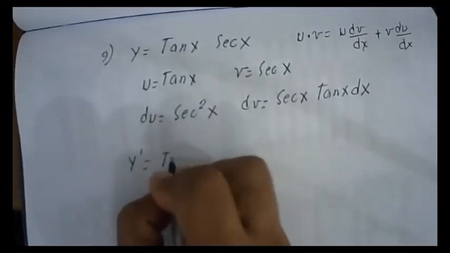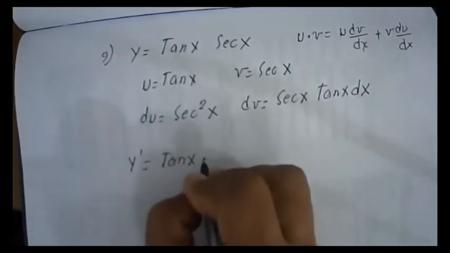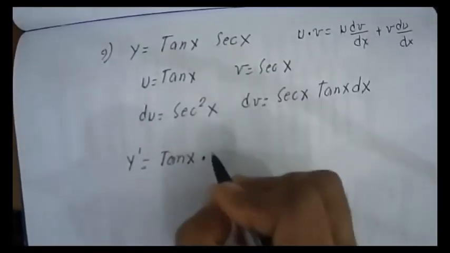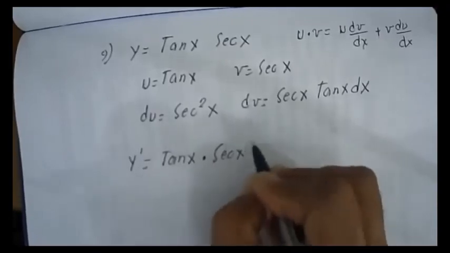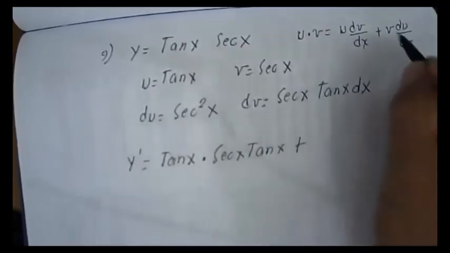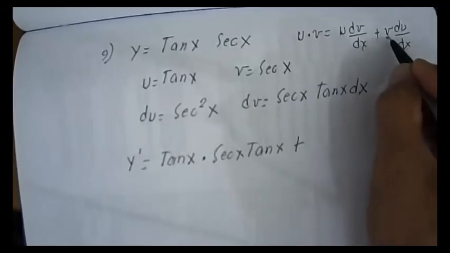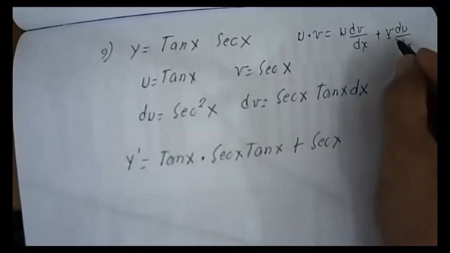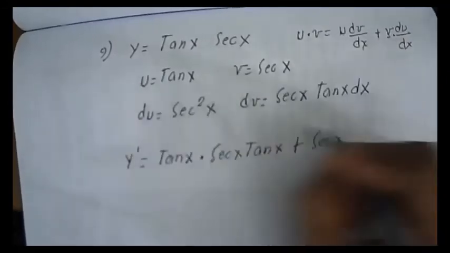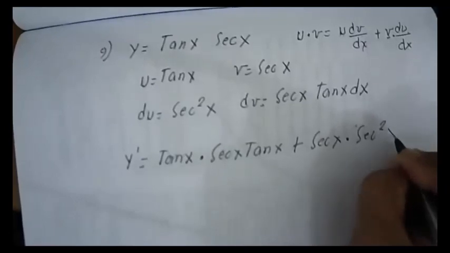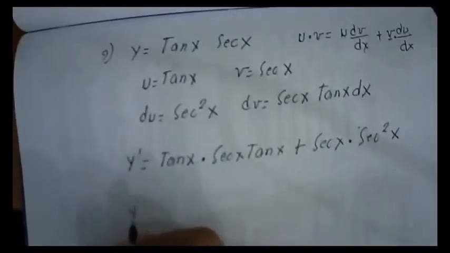U is tangent x, u dv natin, we have secant x tangent x, plus, v is secant x, multiply by du, secant squared x.